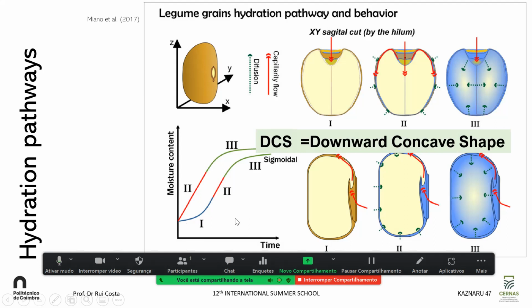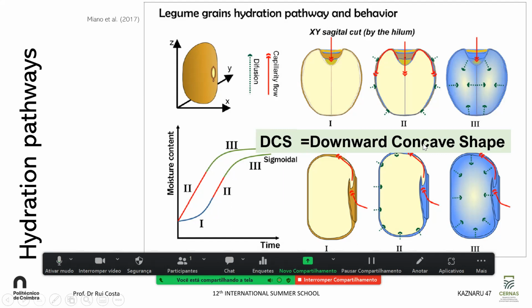The water goes up quickly and then continues to go up, but not so quickly, until it stops. And there's the sigmoidal shape, where the water enters very slowly, and then at a certain point it starts to enter faster, and then it starts to enter slower again.